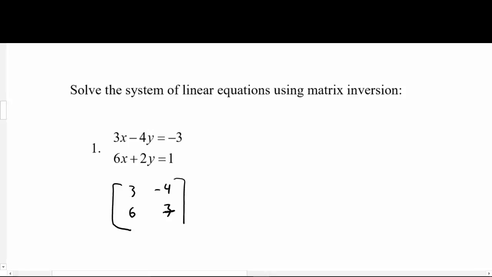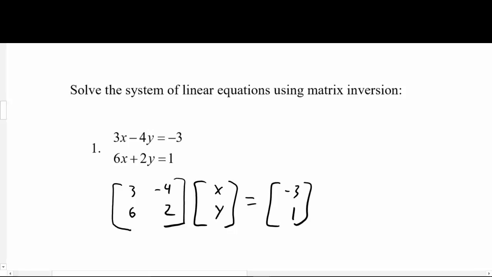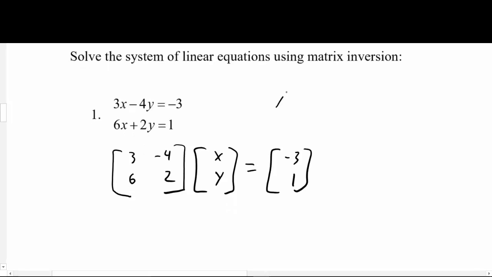So, that's a 2. Now my next matrix is going to be X's and Y's. And then my last is that. So what you'll notice here is I was trying to mimic the form I showed up above: some matrix A times some variable matrix equals B, some third matrix.